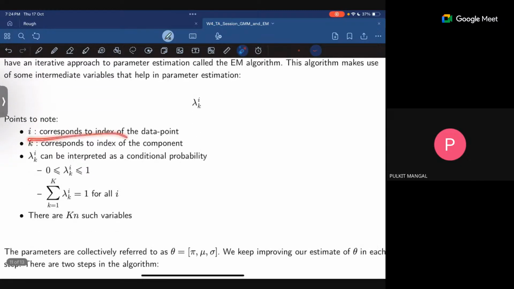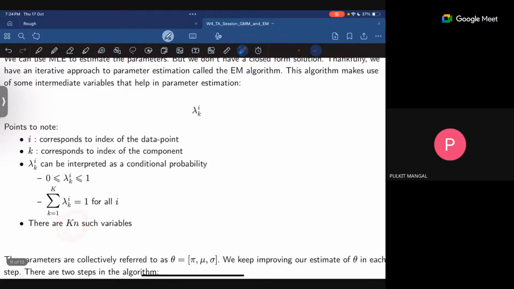Okay, i corresponds to the index of the data point, k corresponds to the index of the component. So lambda ik can be interpreted as the conditional probability. As it is a probability, it will lie between 0 and 1. And for the ith data point, if you sum up the probability of this ith data point coming from all the clusters or components, it will sum up to 1.